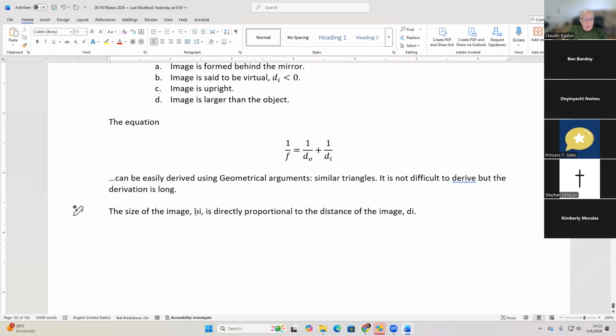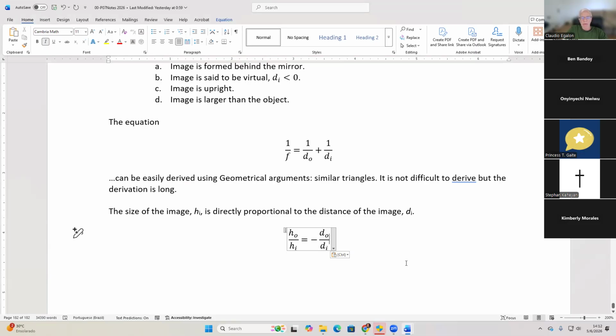And it's not a difficult equation to memorize either.